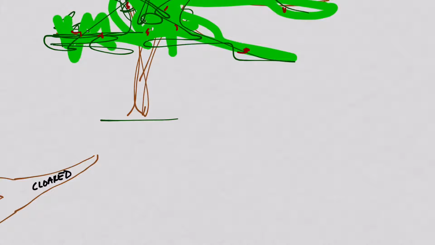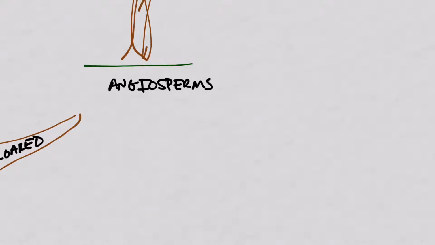So, what do I want to say about these? Angiosperms. A-N-G. So angiosperms include all flowering plants. And even trees that you might not think flower actually do.